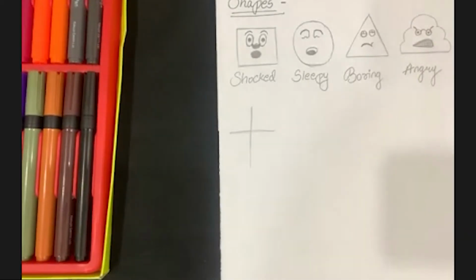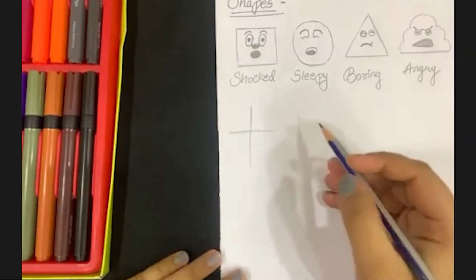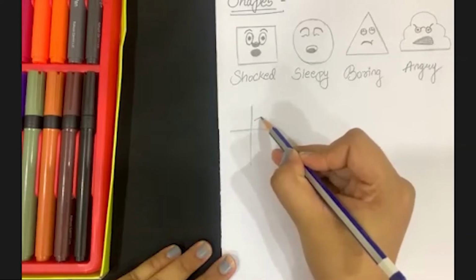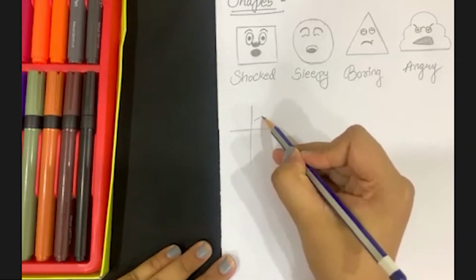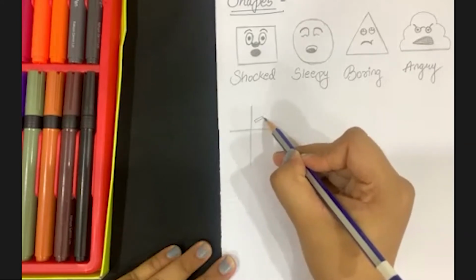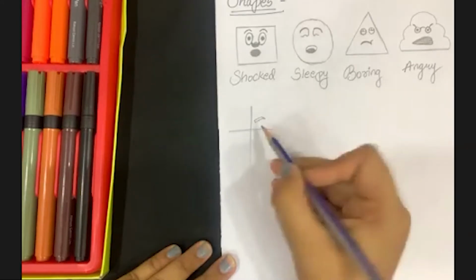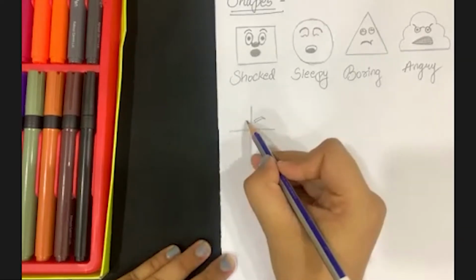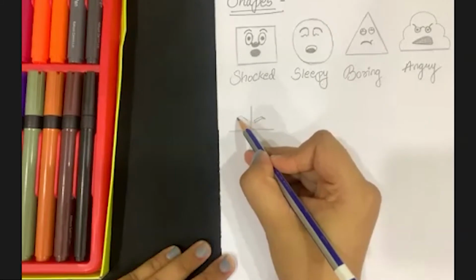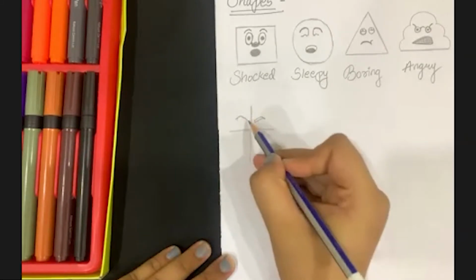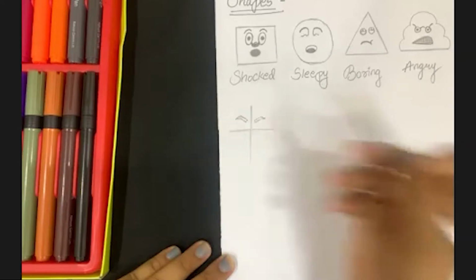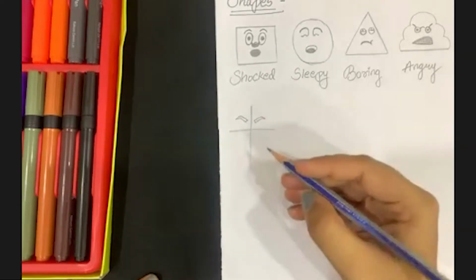Here I'm drawing a slant line and then again a slant line that is facing downwards. Rectangle shape eyebrow. Okay, that is my right one. Again repeating that on the left. Rectangle shape eyebrow. Okay, so this is my eyebrow shape.